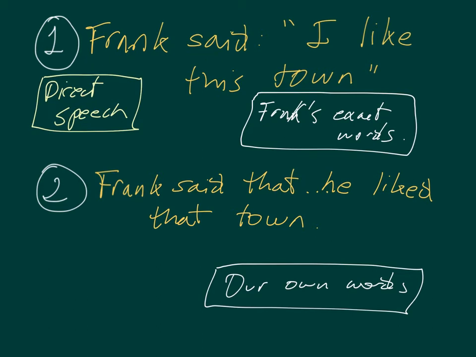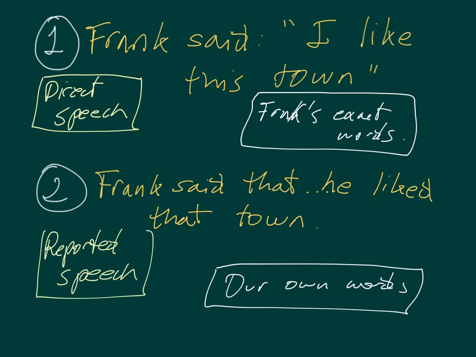On the other hand, in sentence number two, we have reported speech. Why do we call it reported speech? Because indirectly we say what Frank said. We say it with our own words, not his words.